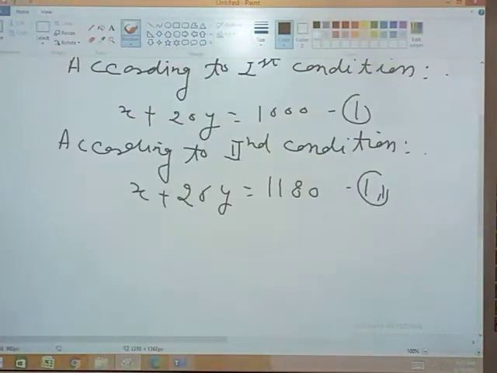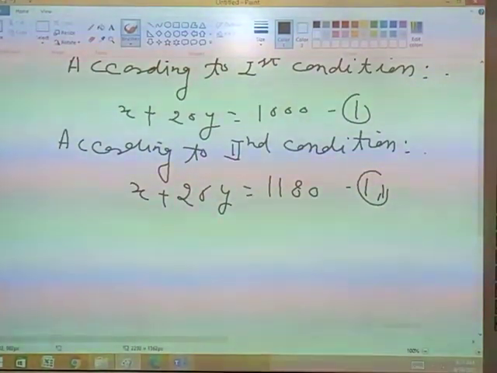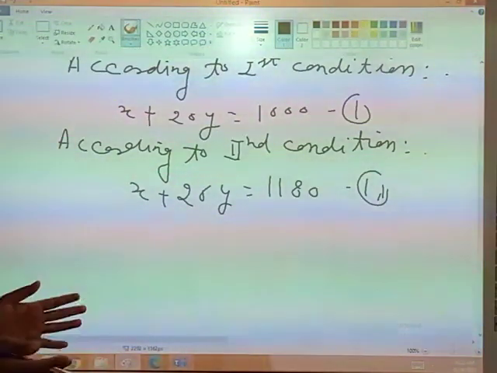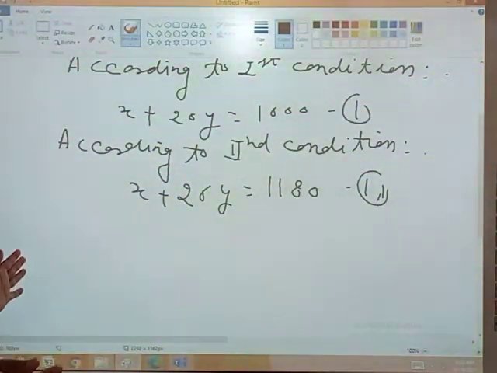Please solve the equations by any method. From the pair of linear equations of the problem, find their solution. You can use any algebraic method: substitution, elimination, cross multiplication.